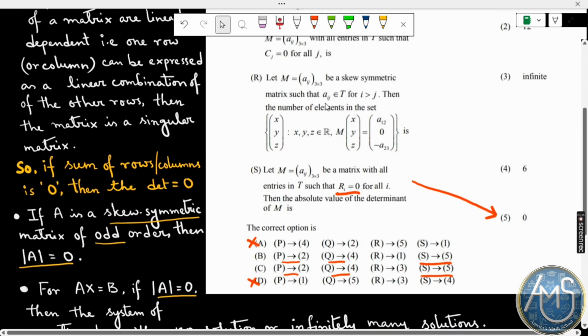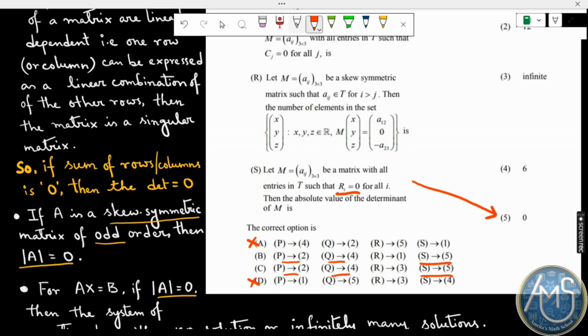It is a system of equations for a set. We have a set of X, Y, Z, but actually we have a system of equations here. M is a skew symmetric matrix of order 3. That means odd order and skew symmetric matrix, then determinant of M is 0.